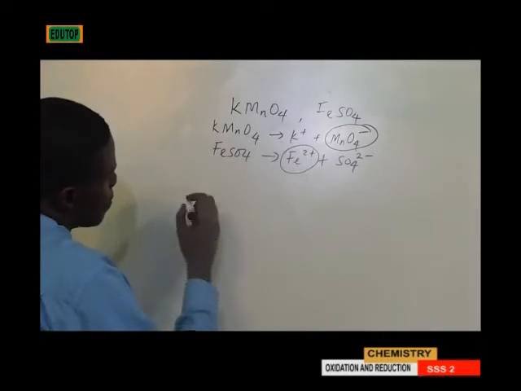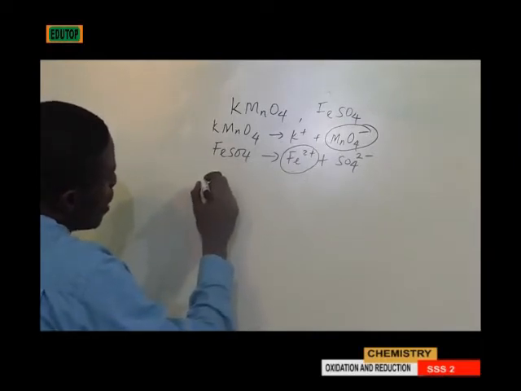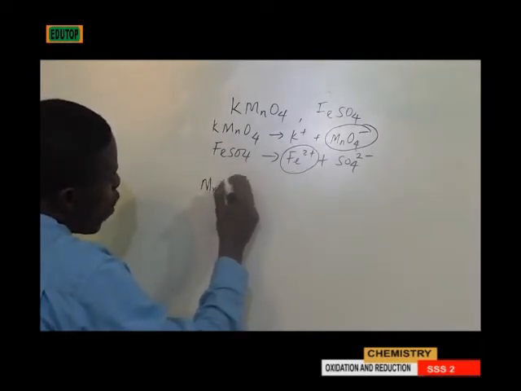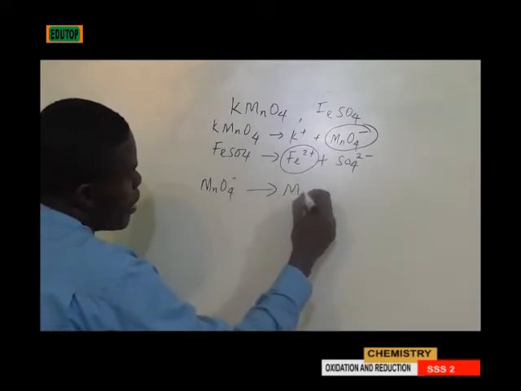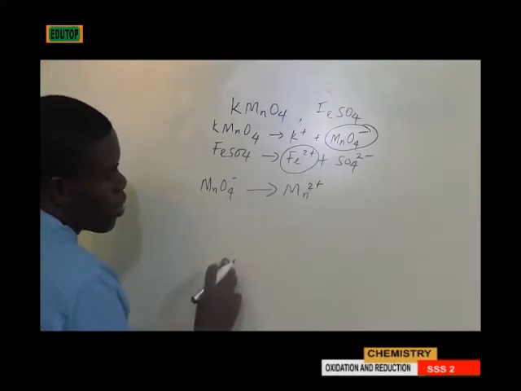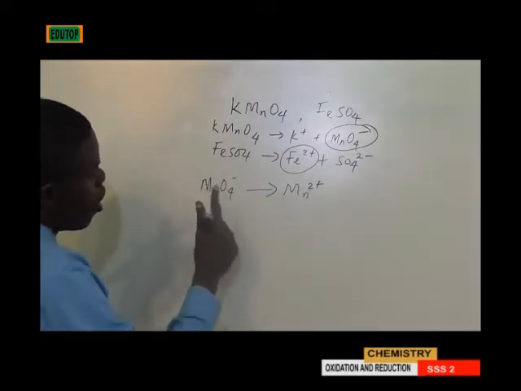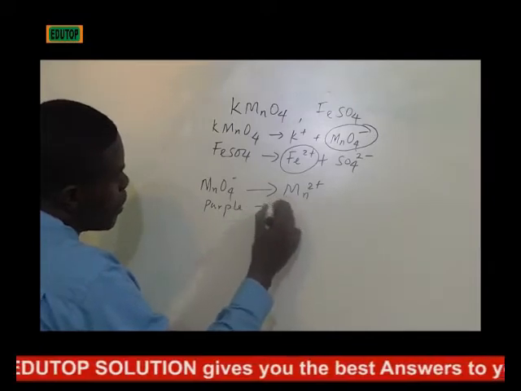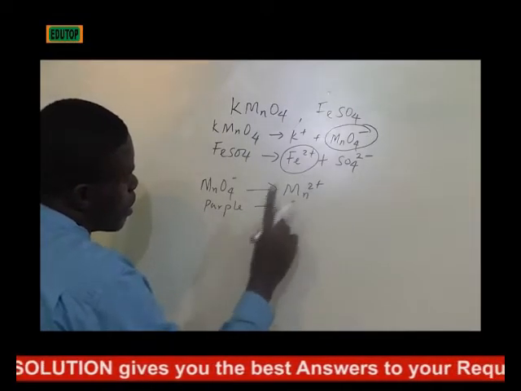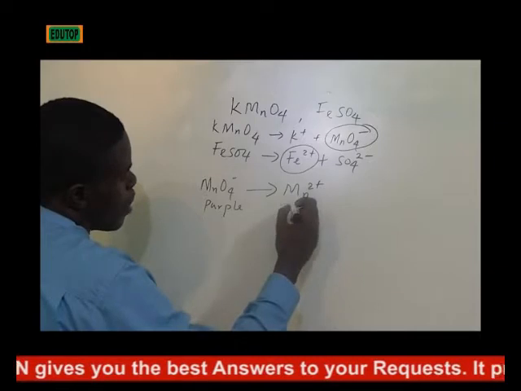So here you have MnO4 minus going to Mn2 plus, where the color of this is purple and the color of this is colorless.